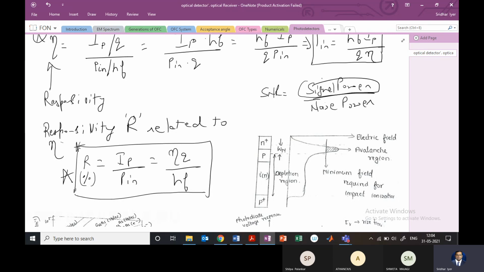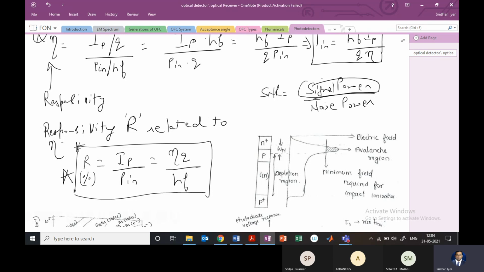Okay. So these are some of the basics of the pin photodetector. It operates in the reverse bias mode, as we have just seen. Okay, so I've given you the equation for eta, and I've also given you the equation for R. So that is quantum efficiency as well as the responsivity.